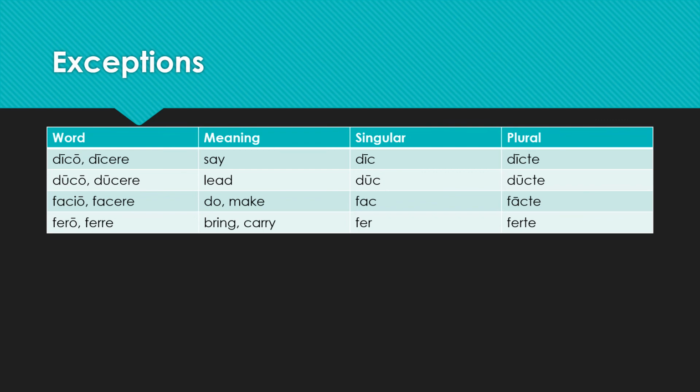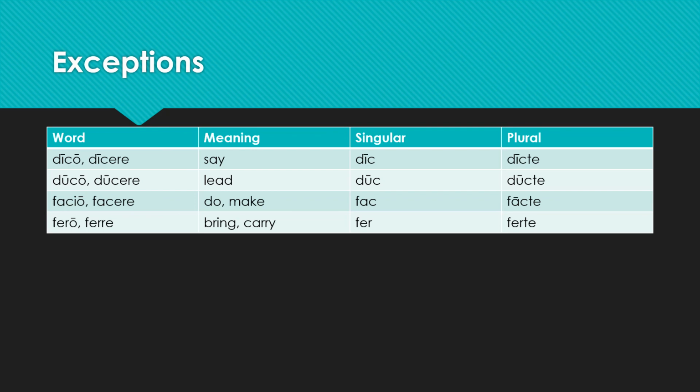And so if you're telling somebody to speak or to say something, to create the singular imperative here, we actually remove the entire ere ending from that infinitive, leaving us with dic. For the plural, we once again add te. Duco, ducere, meaning lead, follows in the same pattern. We take off that ere and we are left with duc, and in the plural, ducte.